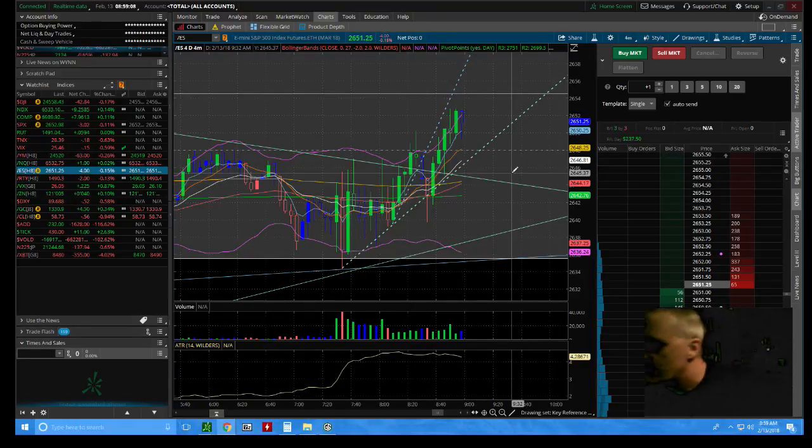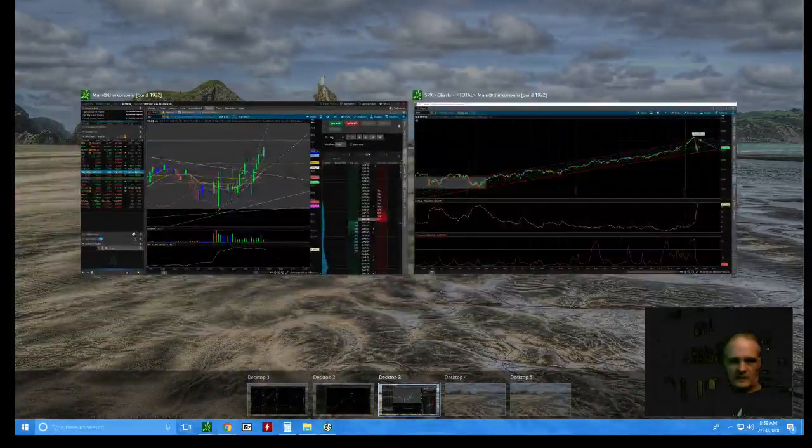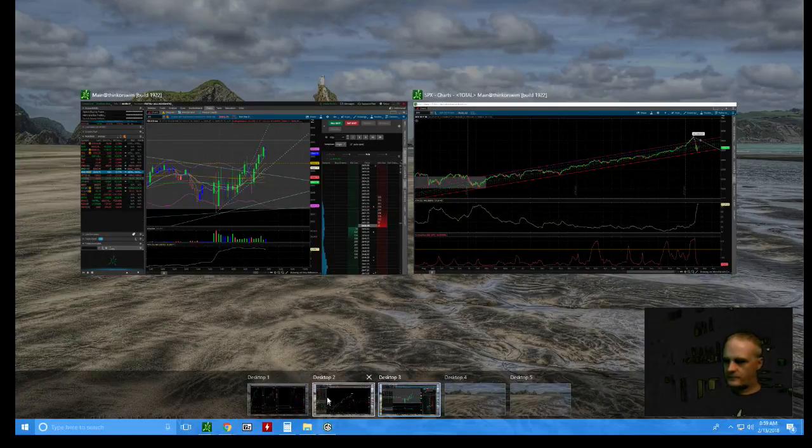Now it looks like things are just kind of slow. Maybe we could take a look at what's happening in other futures markets.